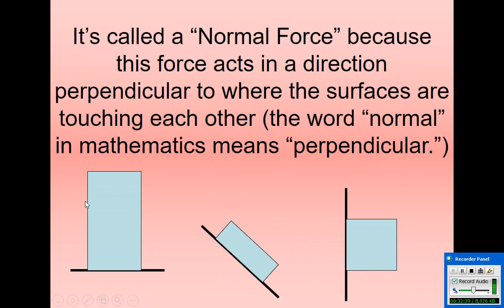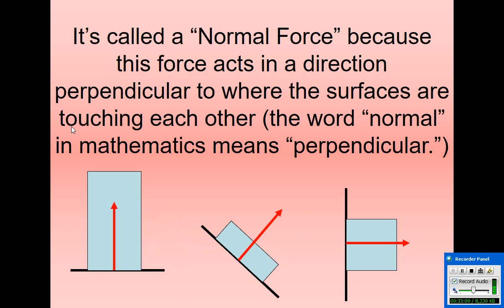We call this the normal force because the direction of this force is always perpendicular to the surface against which the object is placed. If I have the object on the floor, then the direction of the normal force is straight up from the floor. If I have the object on a ramp, then the normal force on the object is perpendicular to the surface of the ramp.